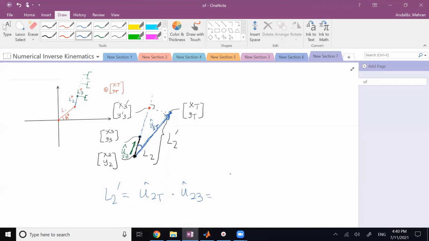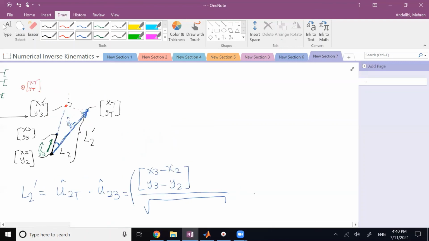And you know, U23 is what? It's the vector connecting point 2 to point 3, so that is clearly x3 minus x2, and y3 minus y2, divided by the magnitude of the vector. This whole thing dot producted by the vector that goes from 2 to T. So this is going to be xt minus x2 and yt minus y2, and then divided by the magnitude of the vector.